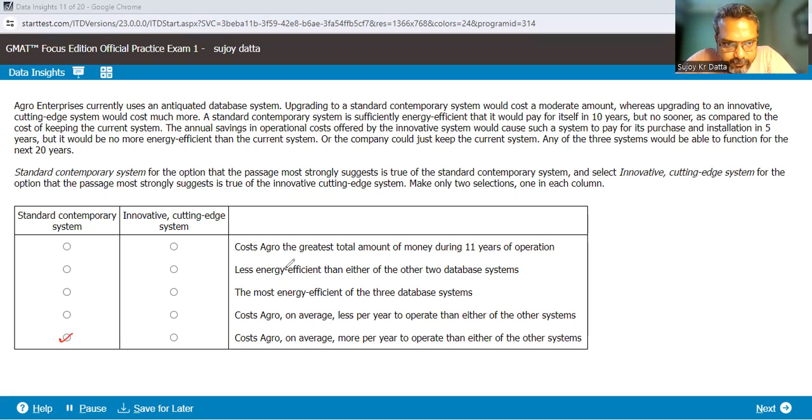It is not less energy efficient than the current system, it could be equal as well. So it is these two options. So let us just mark them.